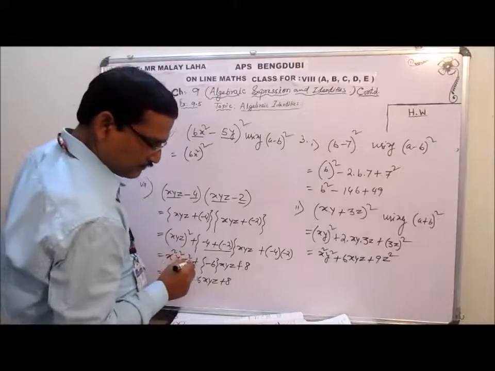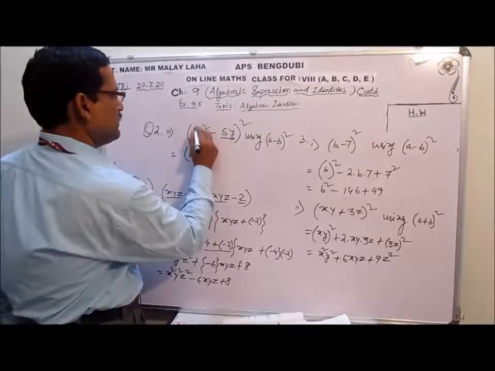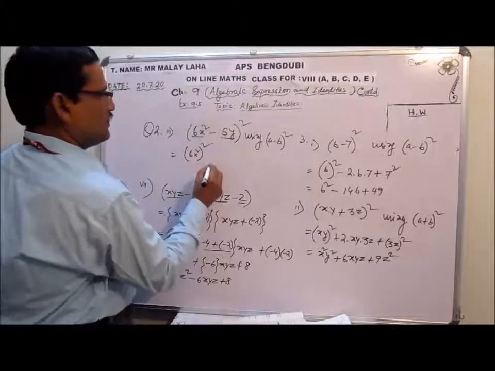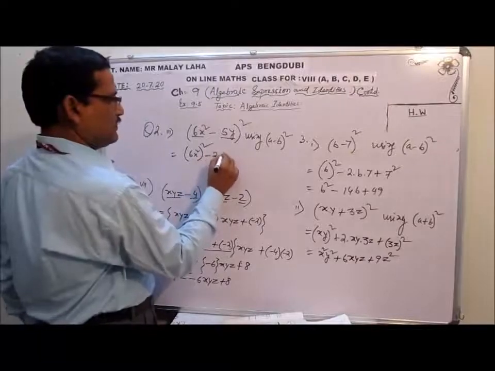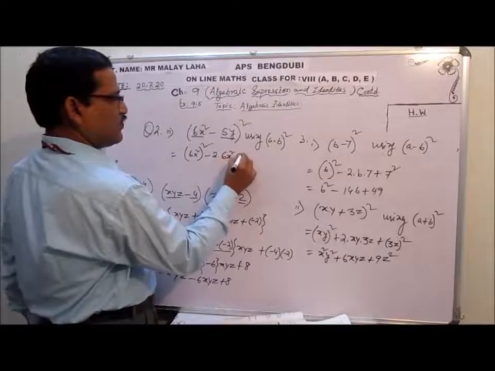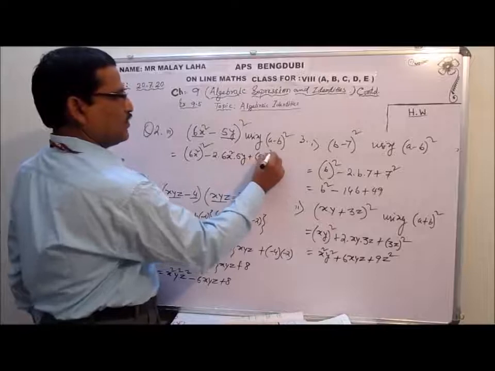Okay? This is 6. Don't consider it as b. Sometimes my writing is like this. A square minus twice a b, where a means 6x square, b means 5y, plus b square means (5y) whole square.